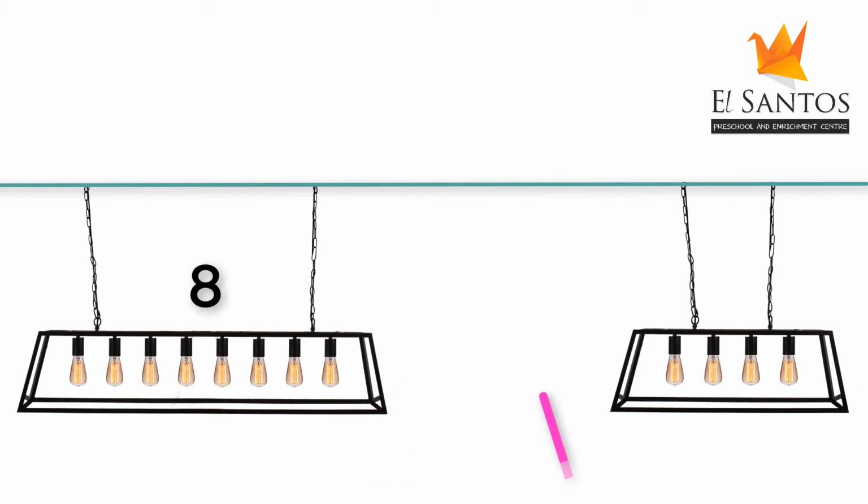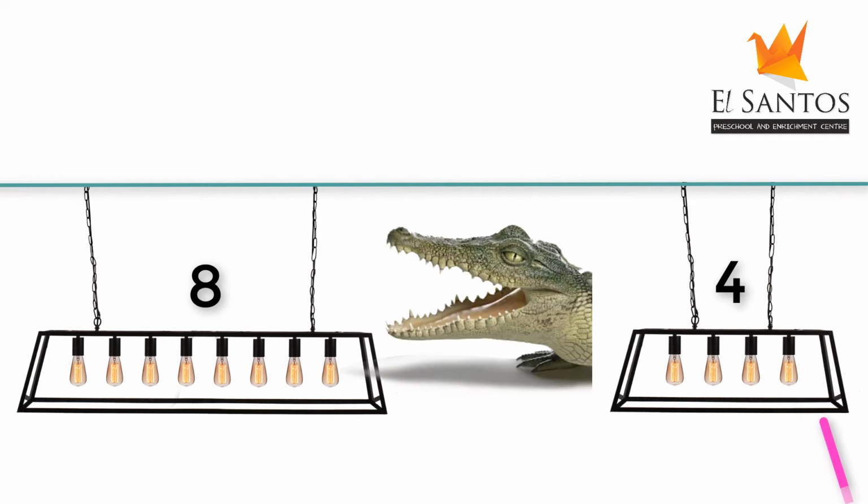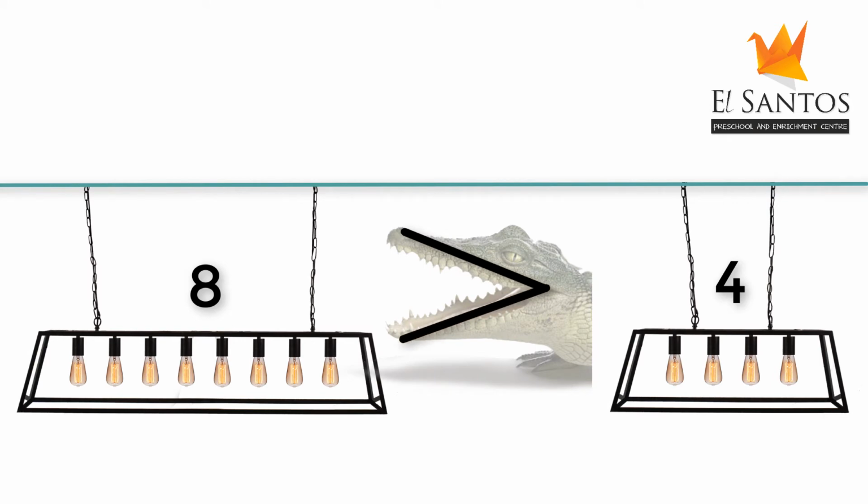Now, let's count the right side. 1, 2, 3, 4. We know that the alligator mouth always wants to eat the greater number. So we draw the symbol this way. The wide mouth towards the larger number and the narrow side towards the smaller number.